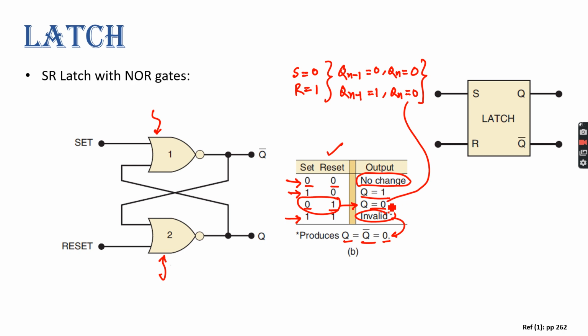This is what it says. So now you put set equals 0 and reset equals 1. Suppose we are considering the first case, so we take Q equals 0, then Q bar would be 1. So now this 0 will go here and this 1 will come here. So for the NOR gate, what was my truth table?